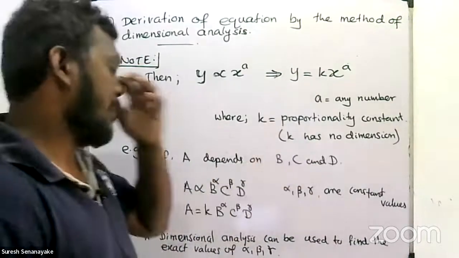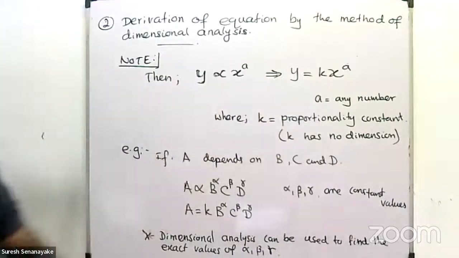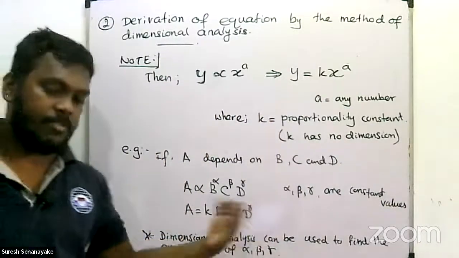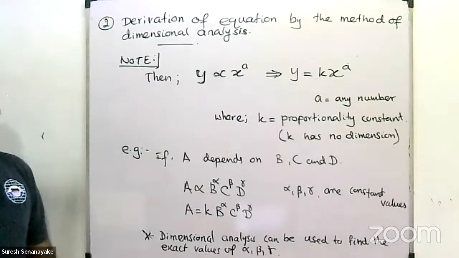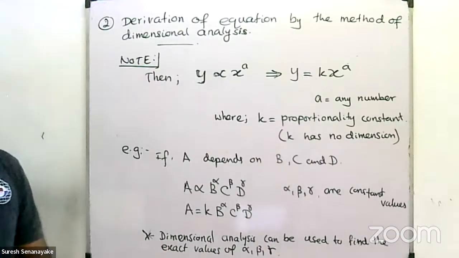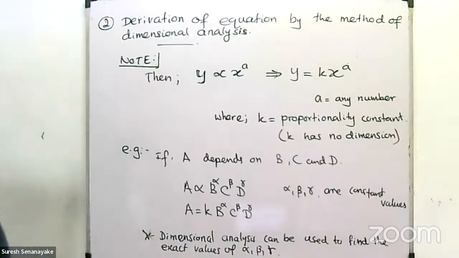So this is the way. You can find A using dimension analysis if you know the quantities given. I will take an example first, and then we will discuss how to do this one by one, step by step.